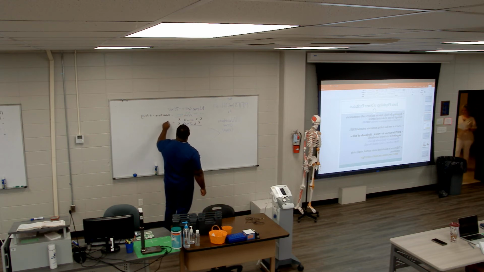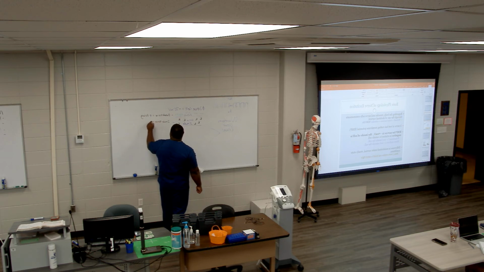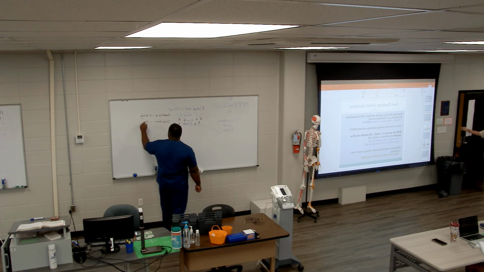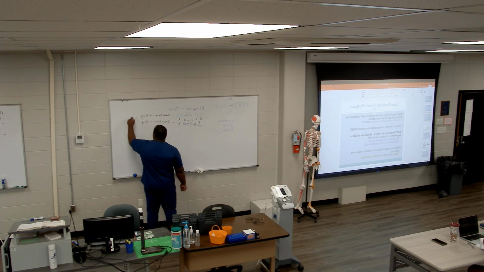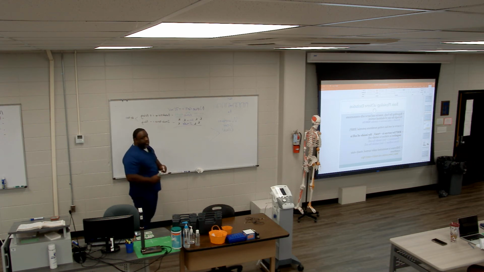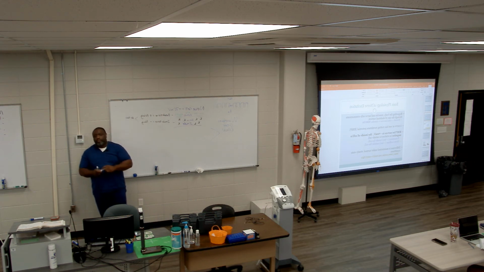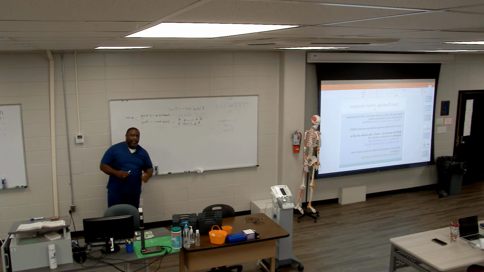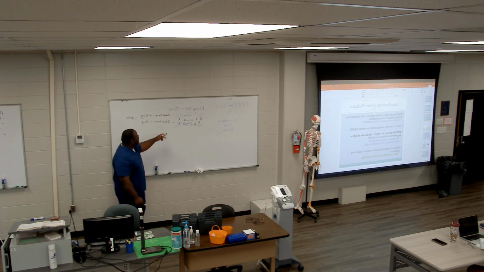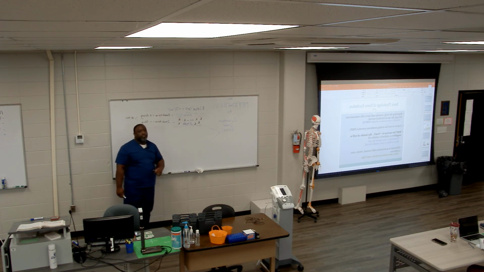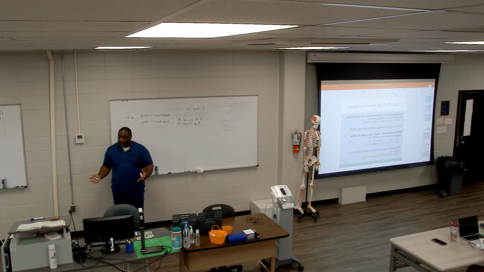Inside of the nerve cell, my polarity is negative at rest. Okay? So outside of my nerve cell, positive. Inside of my nerve cell, negative, which gives me a reading of negative 70 millivolts when I'm measuring it.